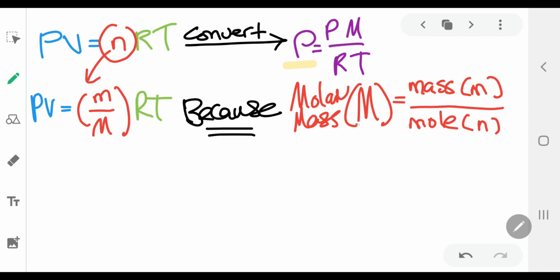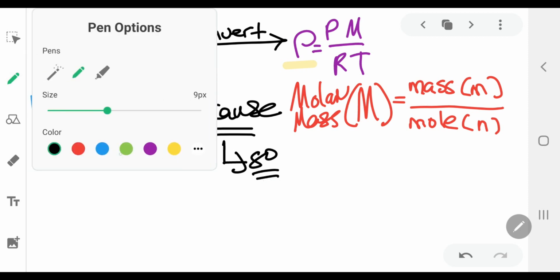So that is the formula for molar mass. When you rearrange that, you should be getting something like this.